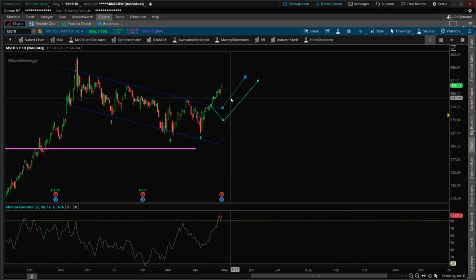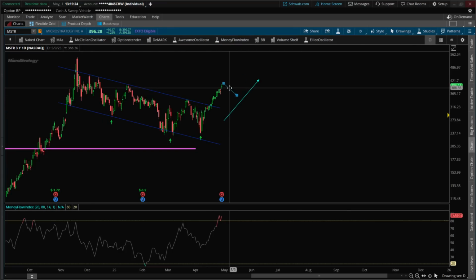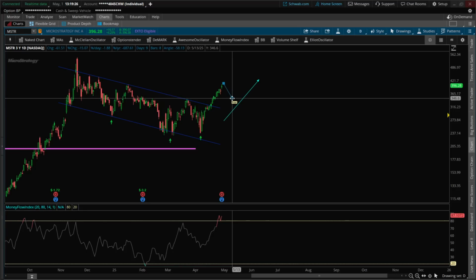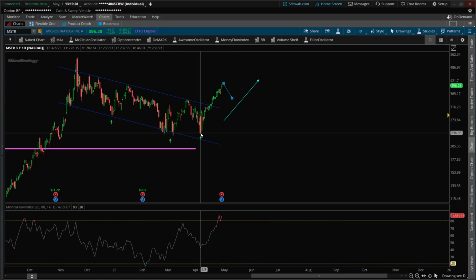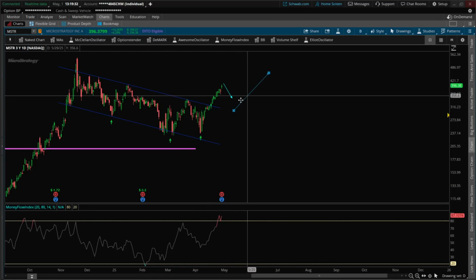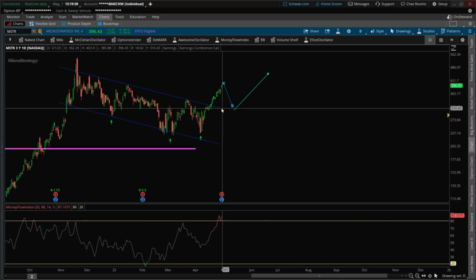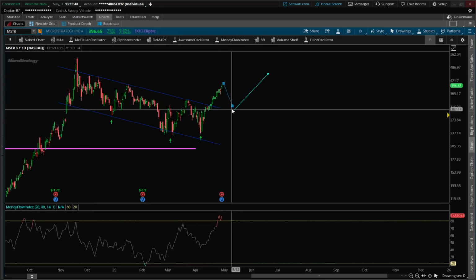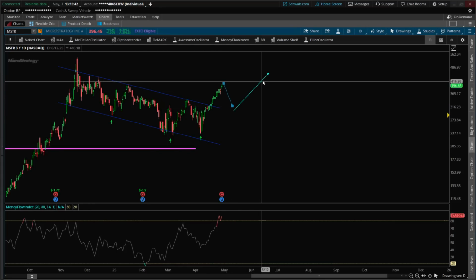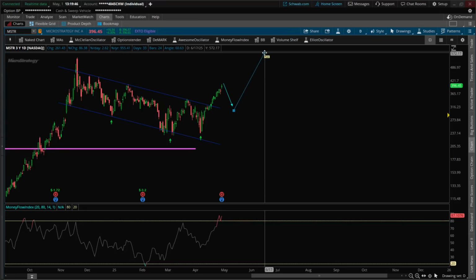I put these arrows on there way before, so I didn't think it'd just continue to extend, but I think we're getting an initial wave up. And we'll get some sort of pullback, maybe the backtest. We'll see, maybe it gaps down and hits the breakout zone. It'd be a perfect scenario for us to go long, and I think this goes to new highs.